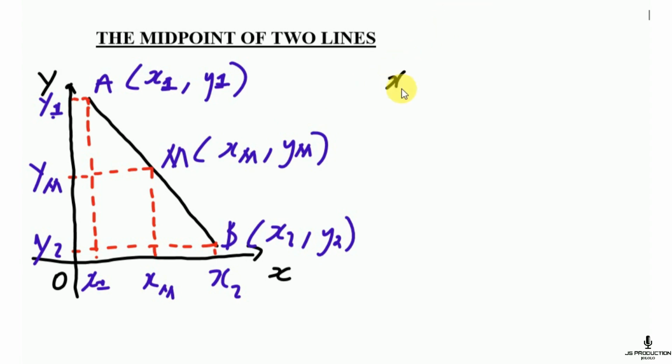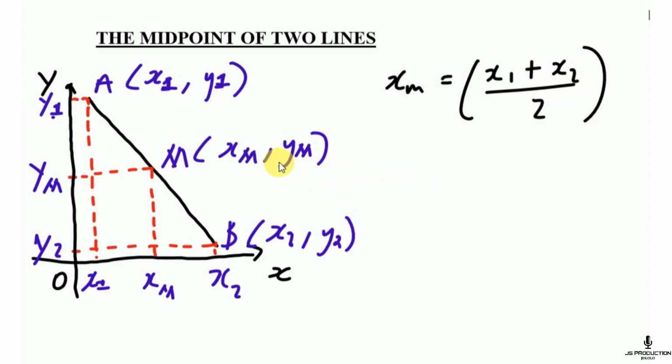So we can say that xm is exactly halfway between x1 and x2. So for us to calculate xm, we're going to say xm is equal to x1 plus x2 divided by 2.